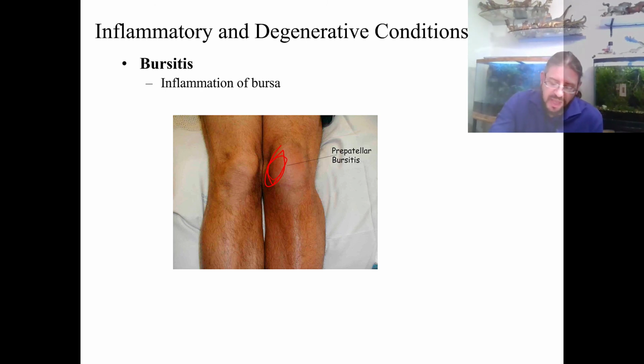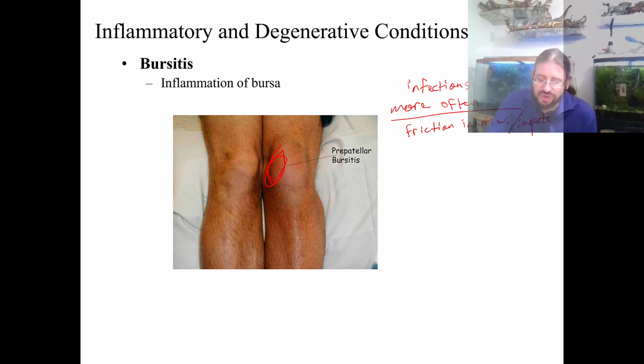So it can be associated with infections. More often though, you're going to see it associated with friction injuries or impacts. In other words, something that causes damage to the tissue around the bursa. Bursa rarely rupture, but you can get inflammation of the tissue of the bursa.